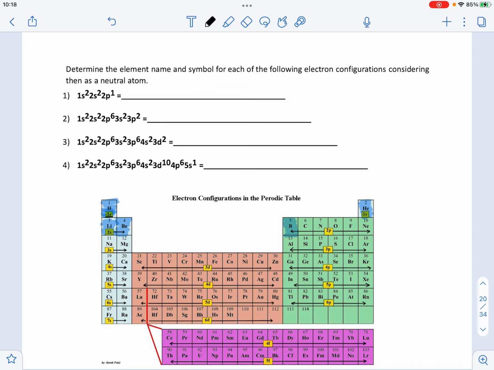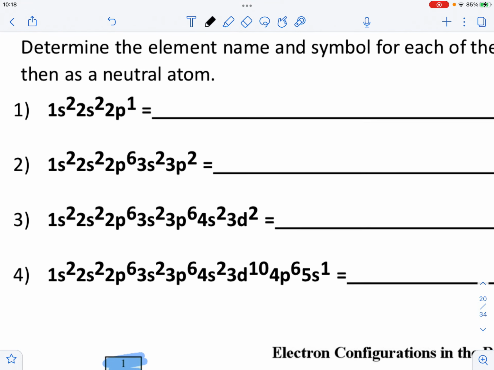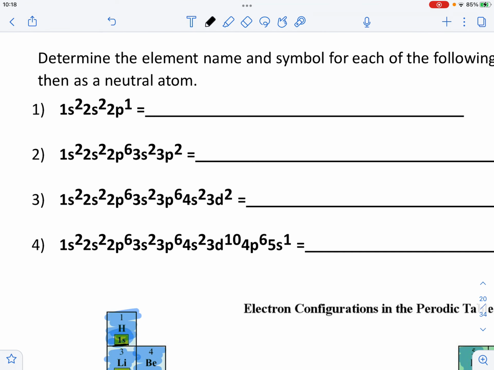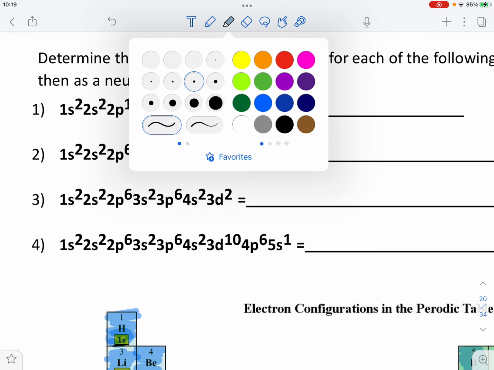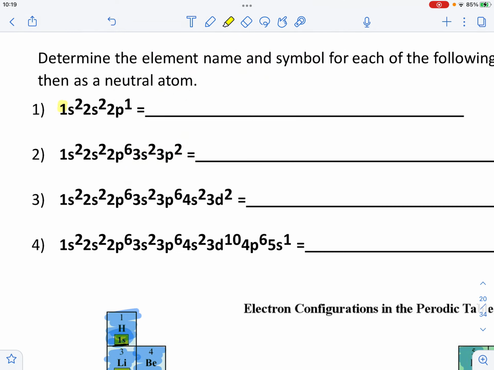And as you can see here, we have a series of electron configurations and we need to find out which element we have. So I'm going to use number 1 to explain what the electron configuration is actually trying to tell us. In an electron configuration, this value that I'm highlighting in yellow tells you the energy level.